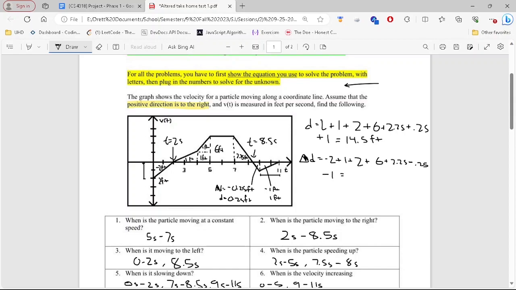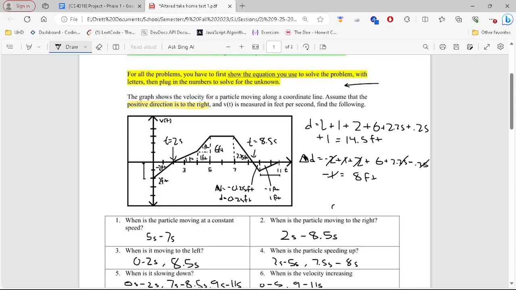So this total is going to be 8 feet. So its displacement is 8 feet.